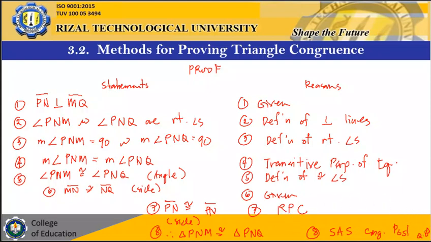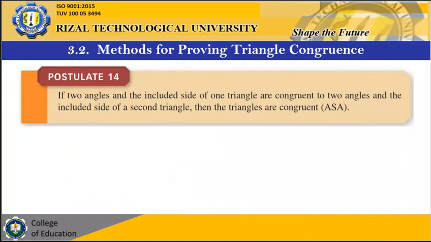Okay? Next, let's have another postulate. It says here that if two angles of one triangle are congruent to two angles and the included side of a second triangle, then the triangles are congruent.